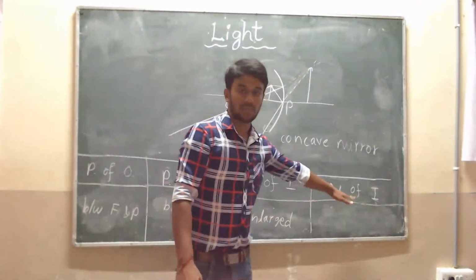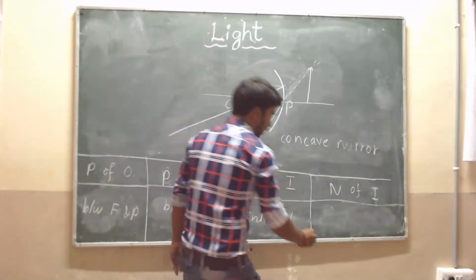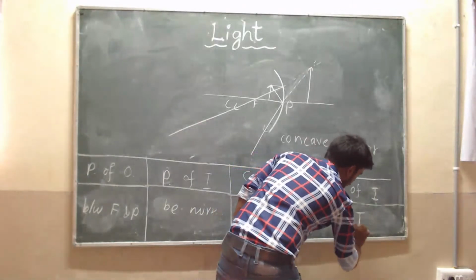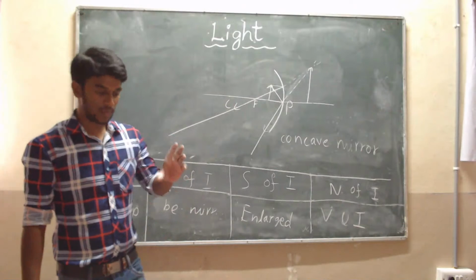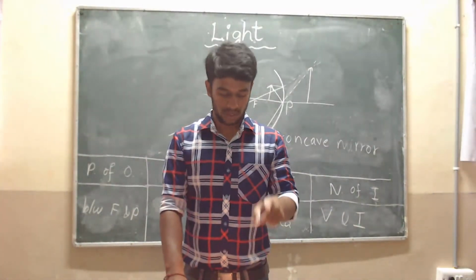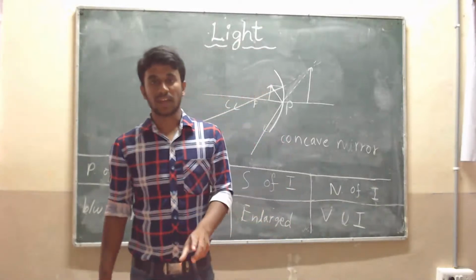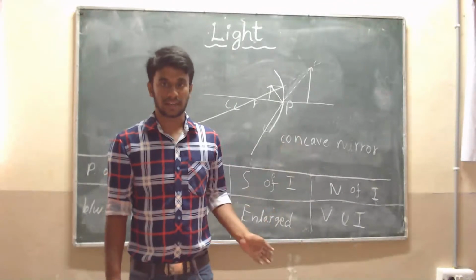Now, what is the nature of the image? In this case, the nature of the image is virtual and erect. When you keep the object between F and P, the images formed by a concave mirror are virtual and erect.